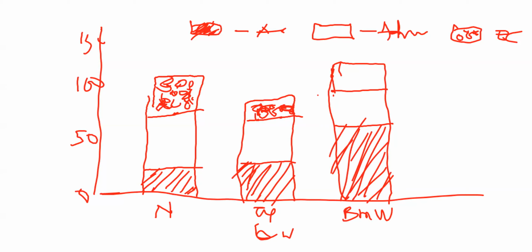Then economy is what? 40. Okay. Admin is smaller, 25, and the other one is 40. Yes, sir. Okay, so let's believe you have measured it like that.